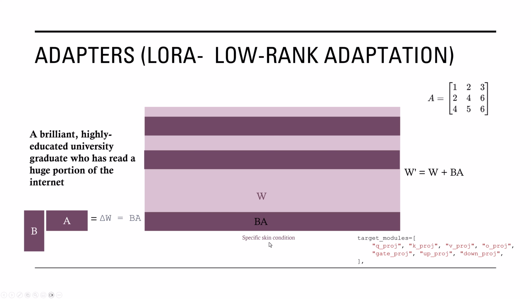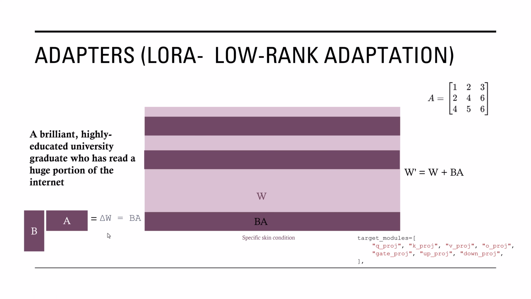So let's talk about where these matrices A and B come from and how they get initialized. At the beginning of fine tuning, LoRA initializes A and B randomly. They're just given some numbers, not much meaningful. And then we start training the model.